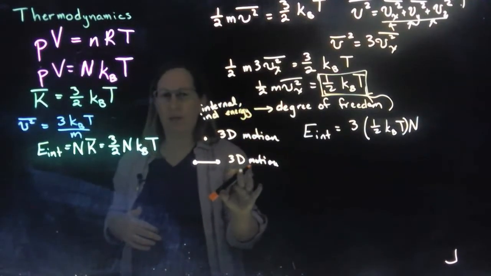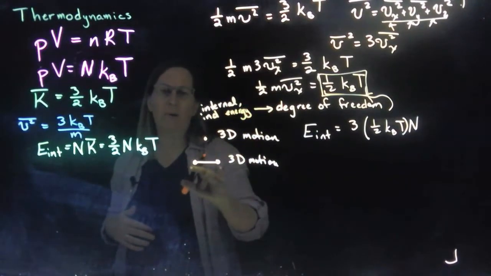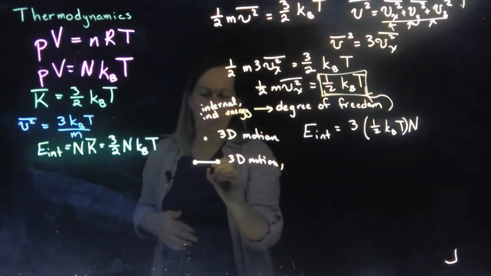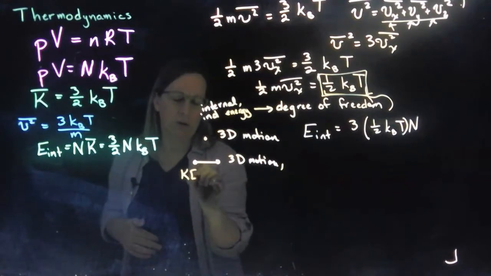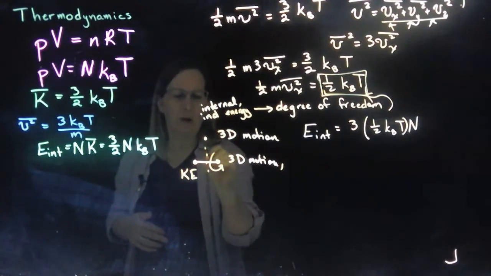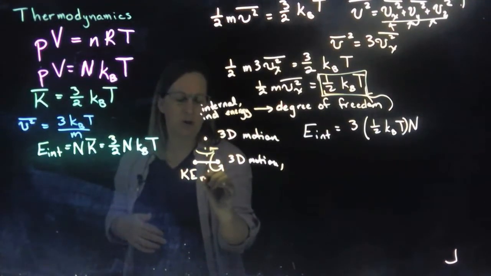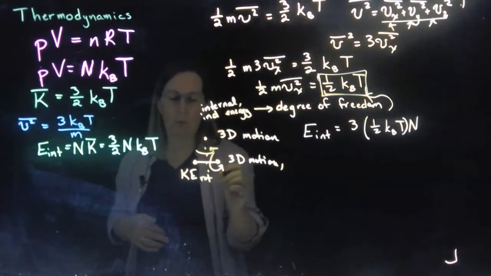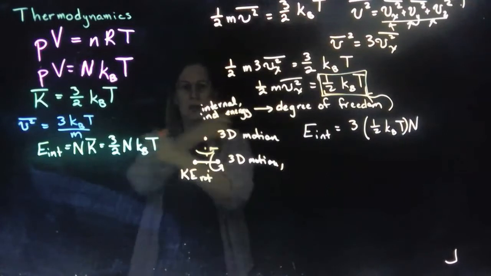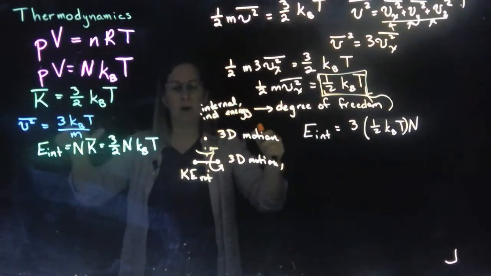So if we think about this, having 3D motion and being rigid, then there's also kinetic energy for rotation. There's rotation about the long axis, and then you could imagine rotation about this, right? So for the kinetic energy of rotation, we've got 2 different moments of inertia. There's one where it's a long barbell and we're spinning it like this, versus spinning it around its edge.